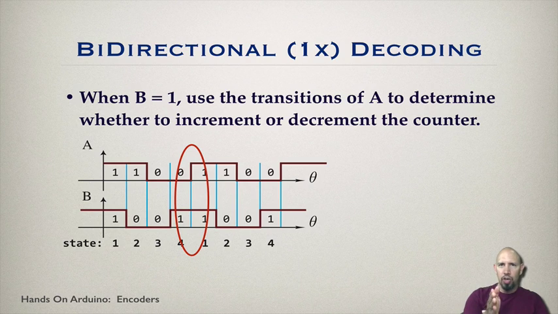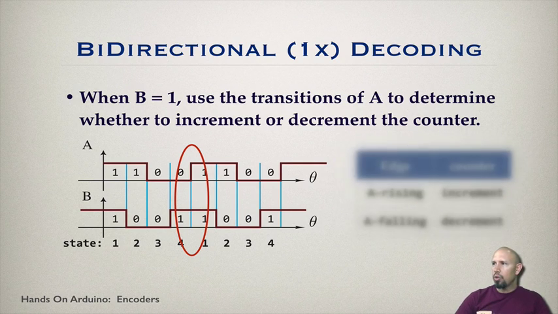So if I detect a transition and the next value of A is 0, that means we've gone backwards. If we detect a transition and the next value is 1, that means we've gone forward. Okay, so that's a helpful way of being able to check this.